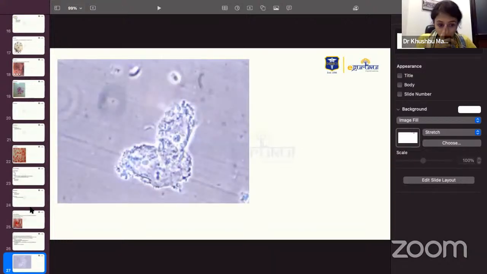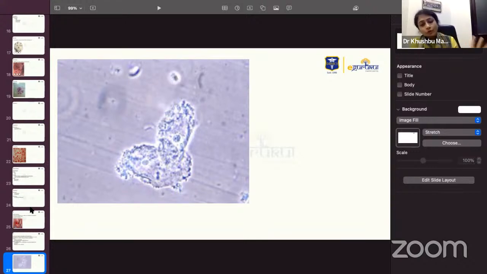Let me see if I have a clue cell. Yes. So a clue cell is a vaginal epithelial cell bombarded with a lot of bacilli, a stippled appearance of the vaginal epithelial cell because of a lot of anaerobic and gram-negative bacteria. Now, normally also these bacilli may be present in a vaginal mucosa.